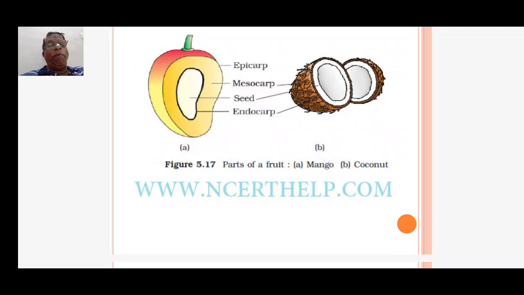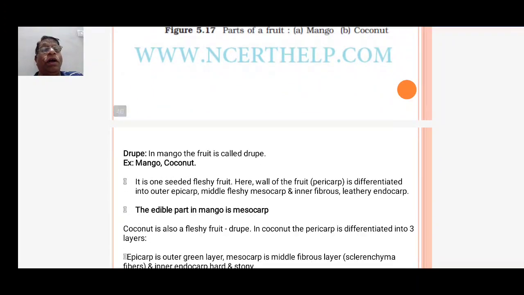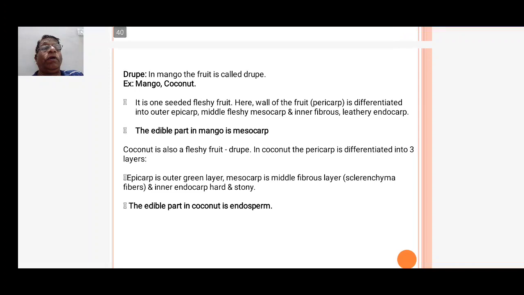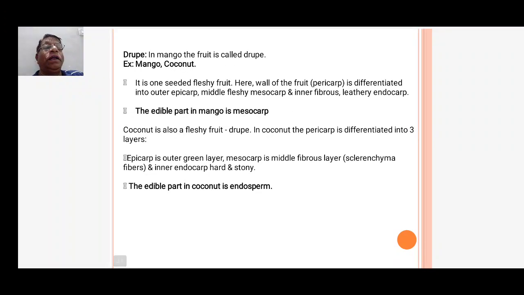In case of mango, ಕೋಕೋನಟ್ನಲ್ಲಿ ಹಾಗೆಲ್ಲ ಕಾಯಿ ಹೊರಗಡೆ ಗ್ರೀನಿಶ್ ಇರುತ್ತಲ್ಲ, ದಟ್ ಈಸ್ ಎಪಿಕಾರ್ಪ್. ಮಧ್ಯೆ ಇರ್ತಕ್ಕಂಥದ್ದು ಫೈಬ್ರಸ್ ನಾರು, ಮೀಸೋಕಾರ್ಪ್. ಆಮೇಲೆ ಅದರೊಳಗಡೆ ಇರ್ತಕ್ಕಂಥದ್ದು ಎಂಡೋಕಾರ್ಪ್, ಚಿಪ್ಪು ಅಂತ ಕರಿತೀವಿ ನಾವು. ಓಕೆ, ನೋಡೋಣ ಈಗ.